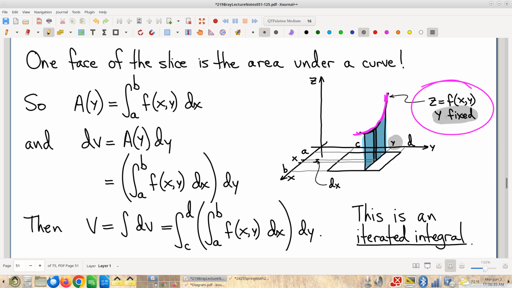So I treat y as a constant while I'm computing this area because that y is kind of the premise of the question. Right, it's for that one value of y at a time that I want to know what this area is. So y is to be thought of as a constant there, and therefore my integrand here is just a function of only x. Yeah, is that cool?